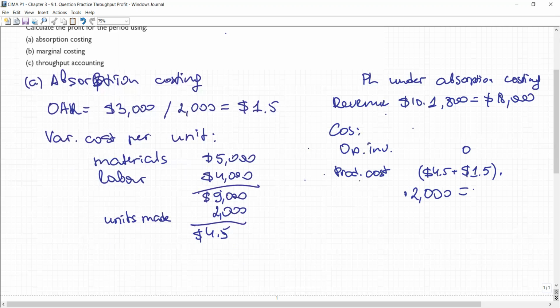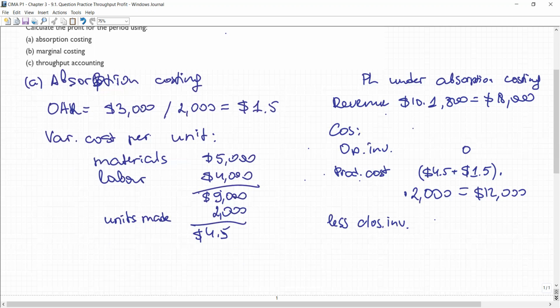All right, so what does it mean? 12,000 was spent on production. And from that, we need to subtract closing inventory, because closing inventory is something that was produced but not sold, so it does not need to be included in cost of sales.